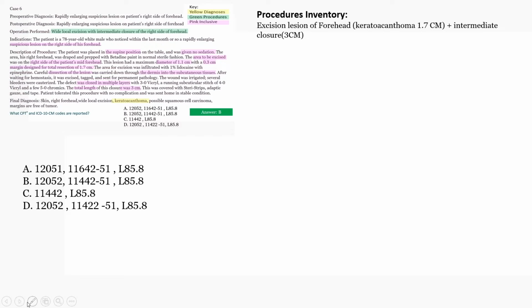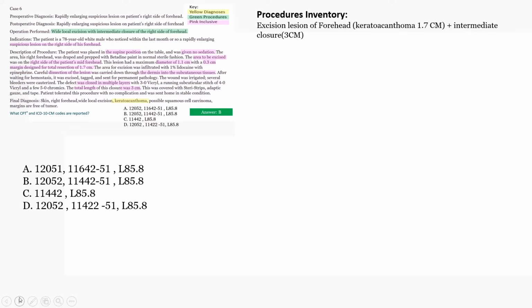Step 2, getting your procedure inventory and the diagnosis inventory. In the procedure inventory, we have 2 procedures performed for this scenario. One is an excision of the lesion of the forehead, which was further found to be a keratoacanthoma, and the excised diameter was around 1.7 centimeter in total.